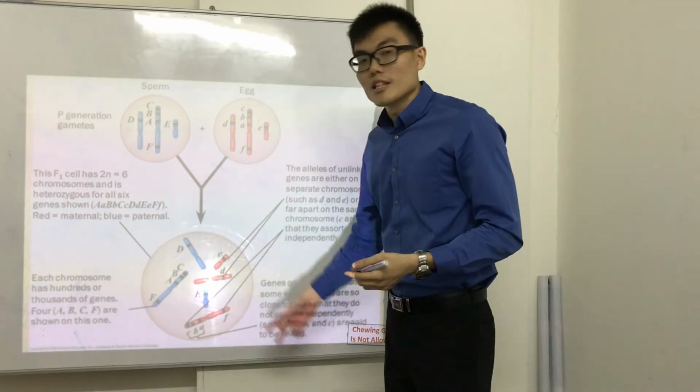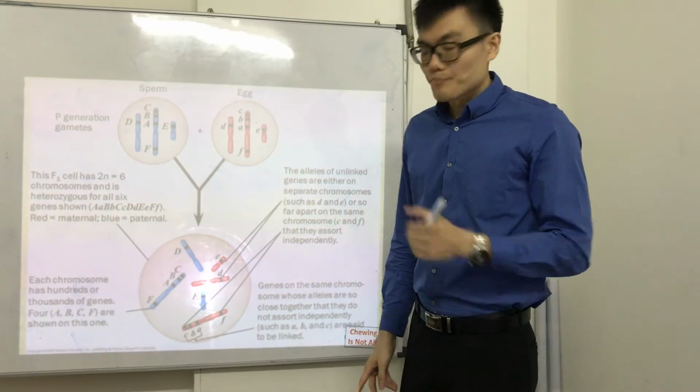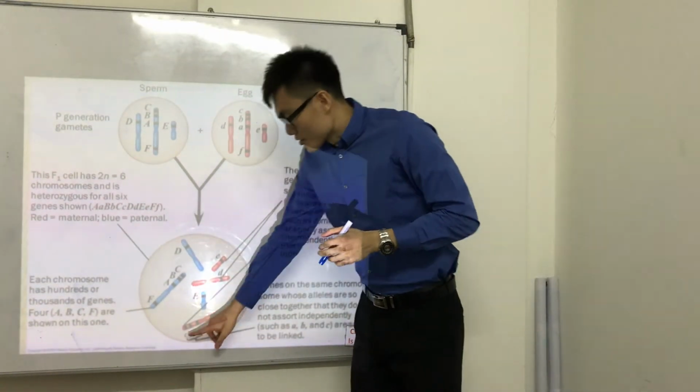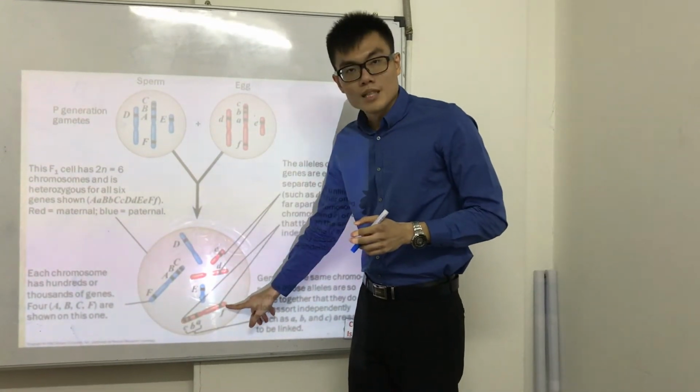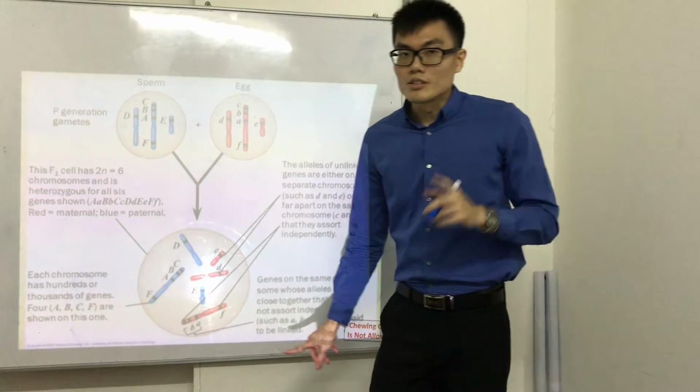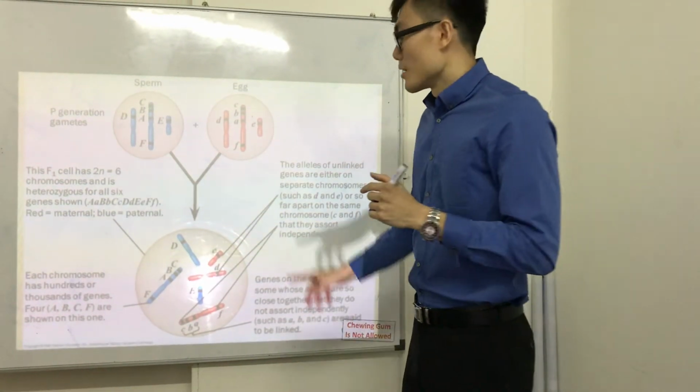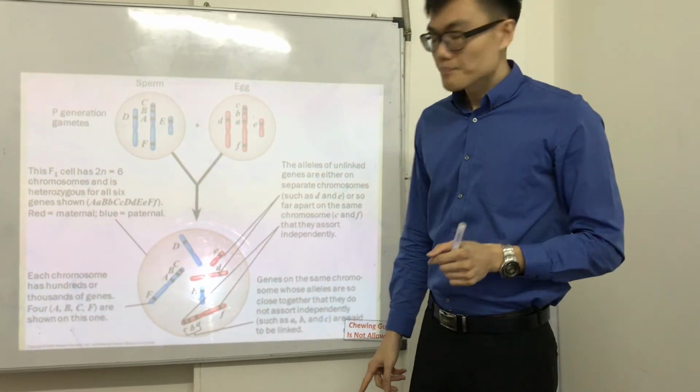So they follow the law of independent assortment. Then for gene C and gene F, they occur on the same chromosome, but they are far apart. So the same thing, they will follow the law of independent assortment.